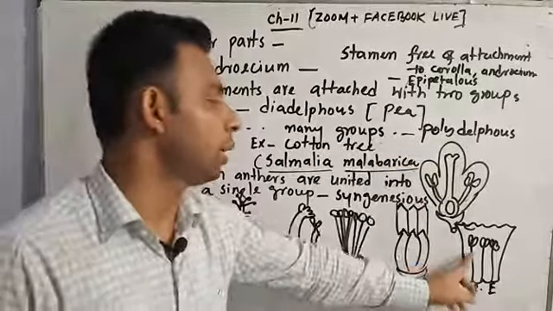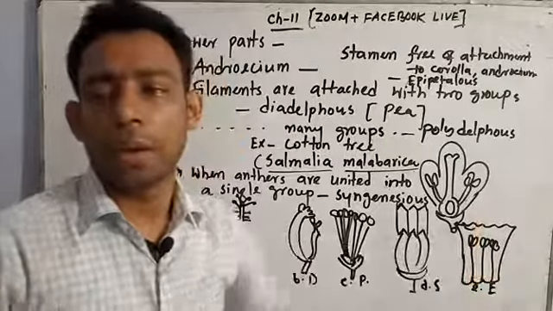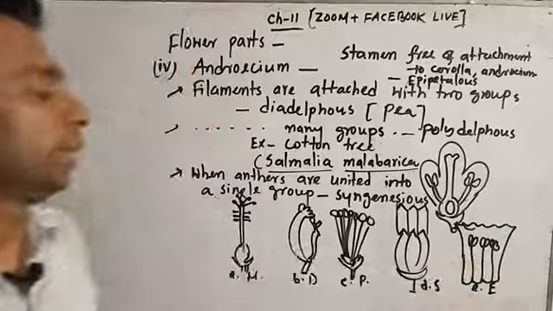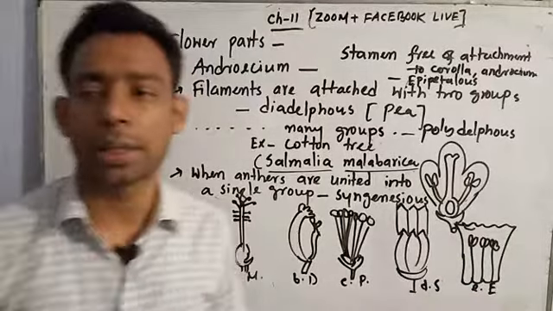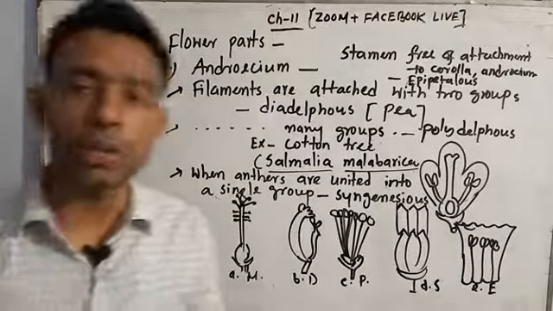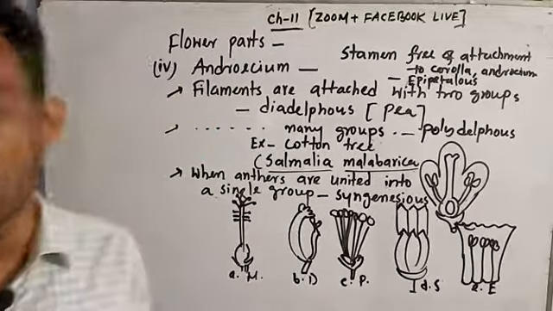Epipetalous: all the stamens are free and single from here. That is called epipetalous. So in case of the androecium, what do we actually learn for?